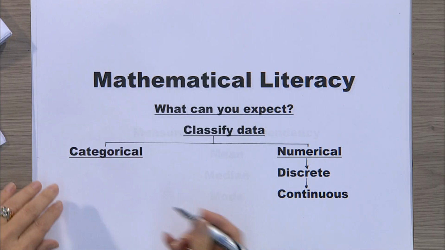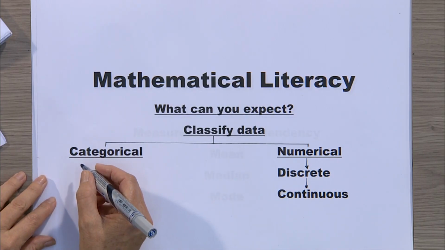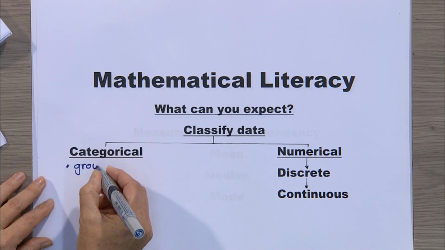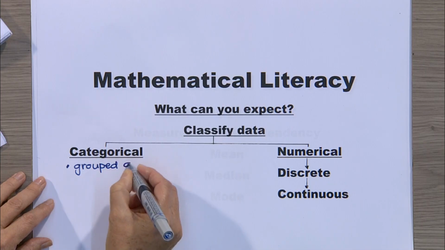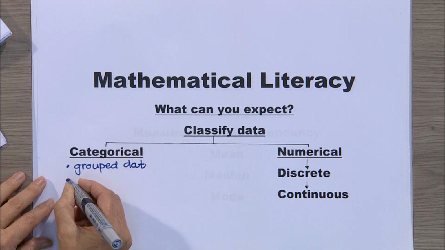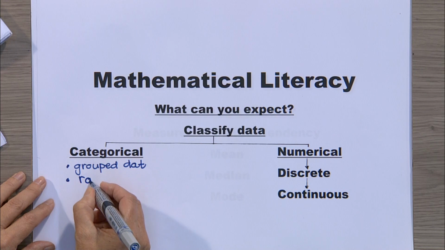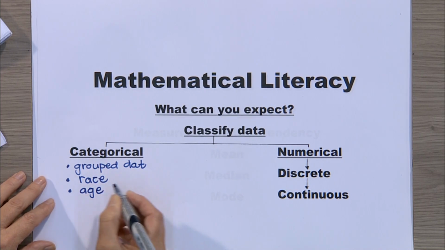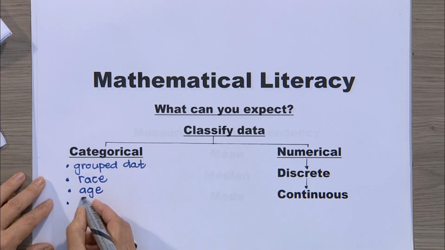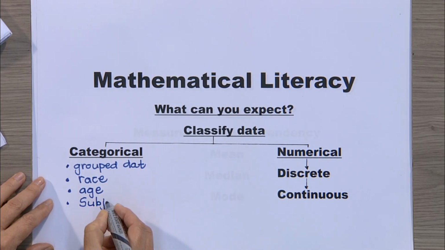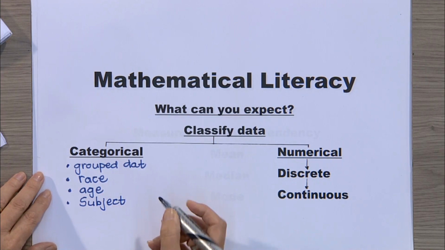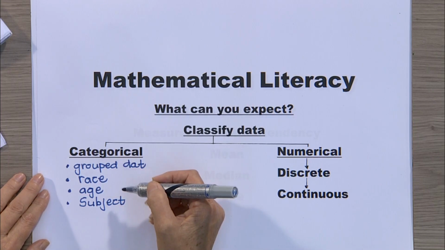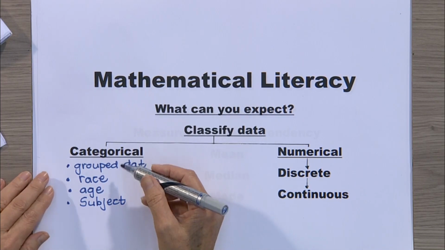All right, so categorical is where you group things, so it's grouped data. It is things like race or age groups or subjects. As you can see, this is information that doesn't present itself in the form of numbers.